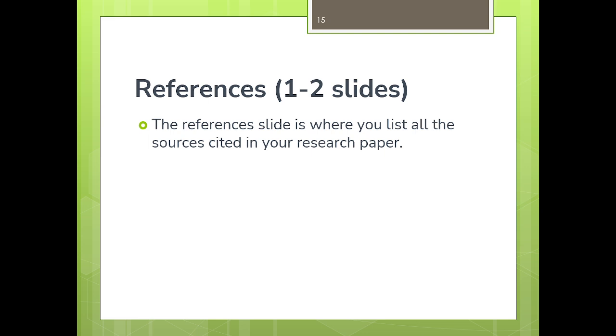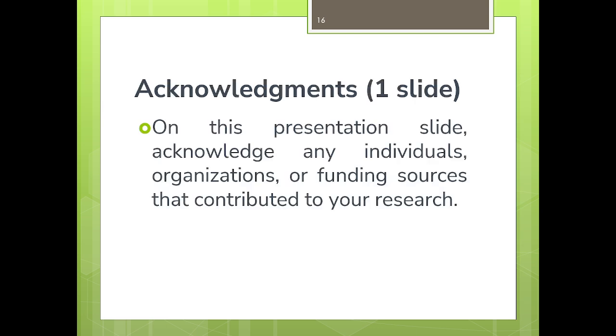So the references slide is where you list all the sources cited in your research paper. Okay, that is the research articles you referred to for your research. So that is how to make a PowerPoint presentation.